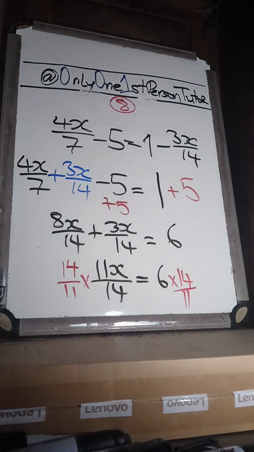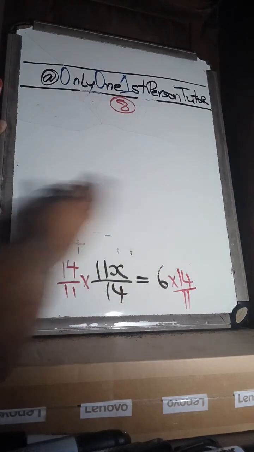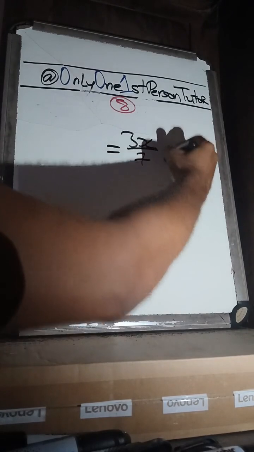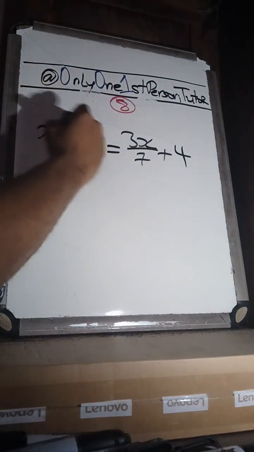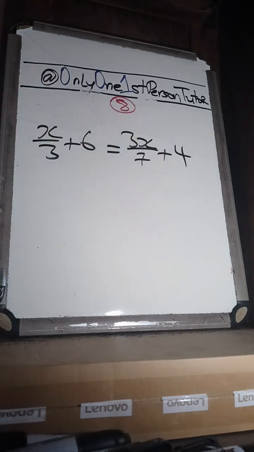What's this number here? What does it say? x over 3 plus 6 equals 3x over 7 plus 4. Okay, let's move on to that. Oh, okay, this is okay.